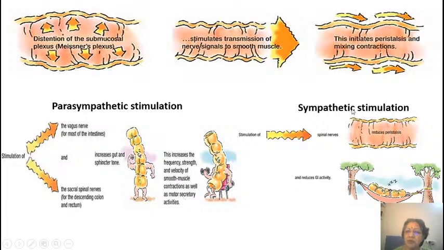Whereas stimulation of the sympathetic reduces the peristalsis and reduces the GI activity. It's supposed to be a piece of gut having a nap, but we know this. This is rest and digest, and this is fight or flight. So when you're fighting or flying, the blood supply and all the focus of the body systems must be towards your muscles and your cardiorespiratory system and your brain, right?